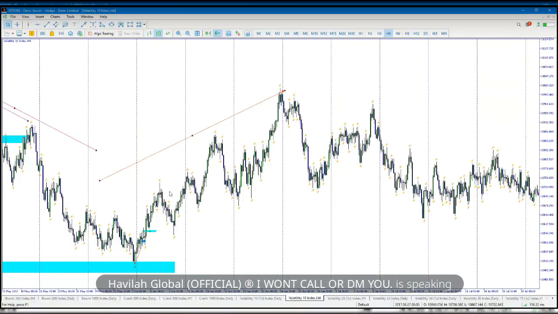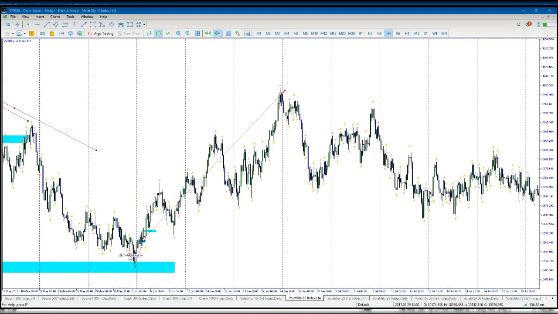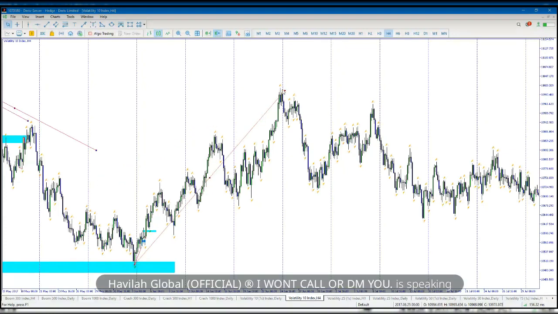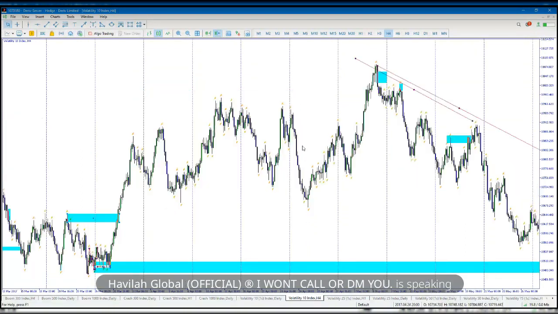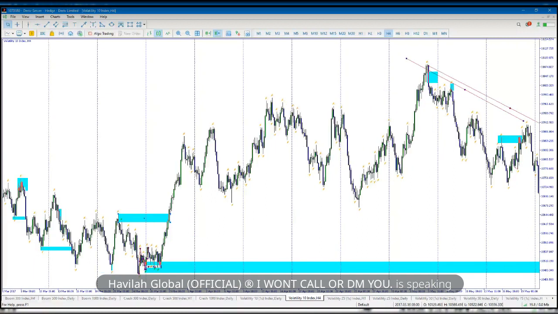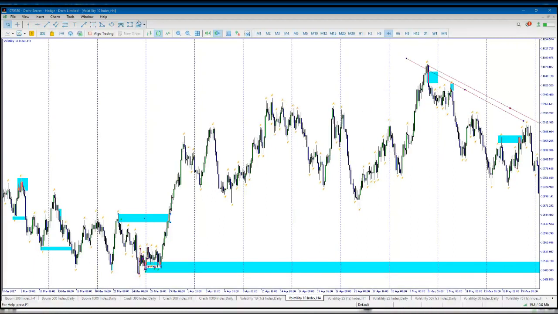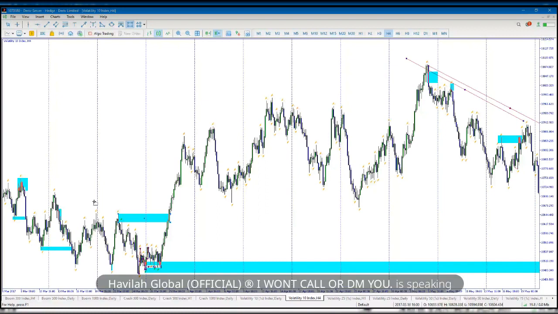The move started here to this place, and this is H4, guys. So imagine if you are here, you cut this move, and then this move too, and then this move too.